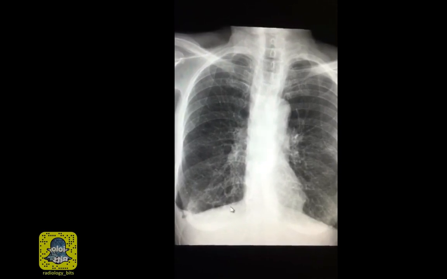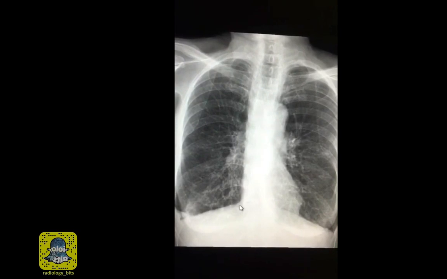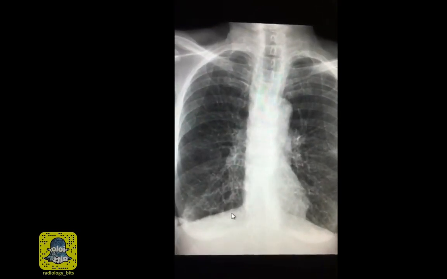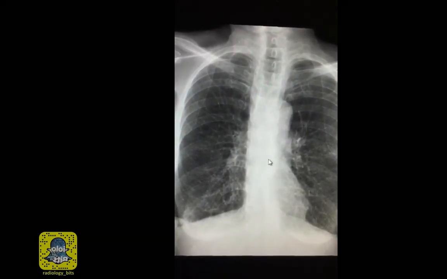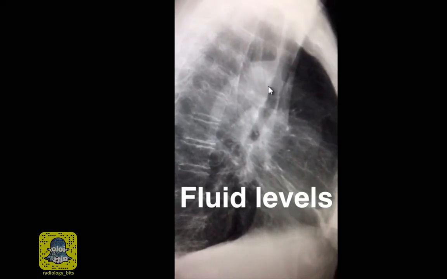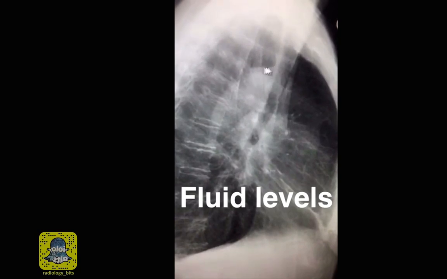And now it even makes more sense that we saw these interstitial opacities suspected to be bronchial wall thickening from aspiration. So the patient developed aspirations as a result of esophageal obstruction. If there is one take-home point from this case, be very careful with fluid levels.